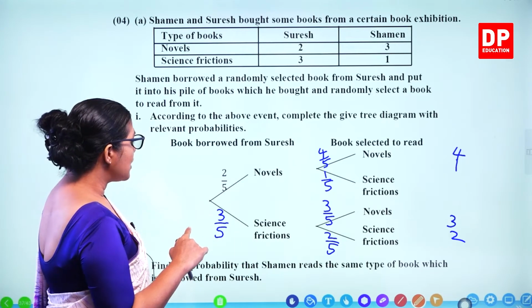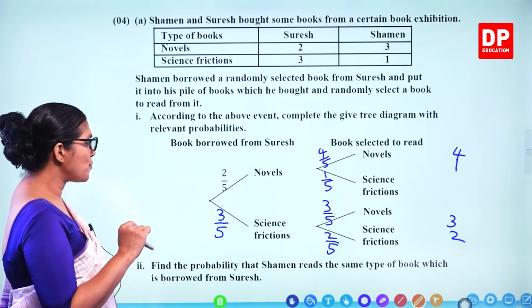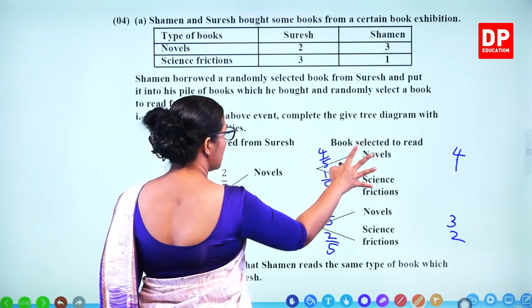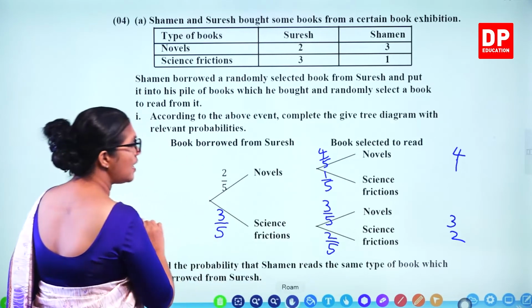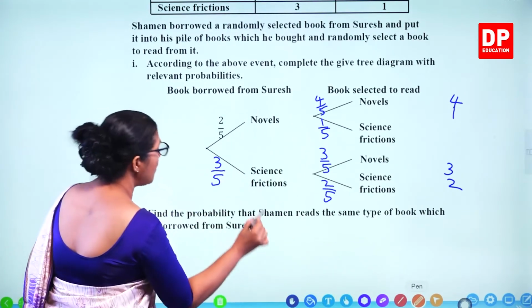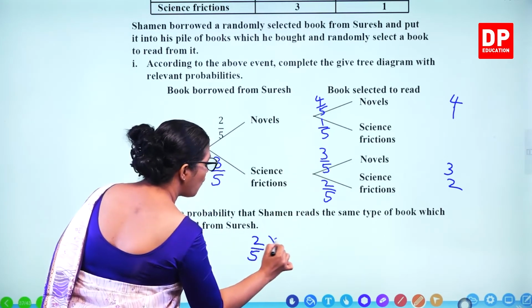Find the probability that Shamin reads the same type of book which is borrowed from Suresh. So that means novel and novel, or science fiction and science fiction. So you have to consider both parts. So if it's a novel, that's 2 over 5, and a novel again 4 over 5.